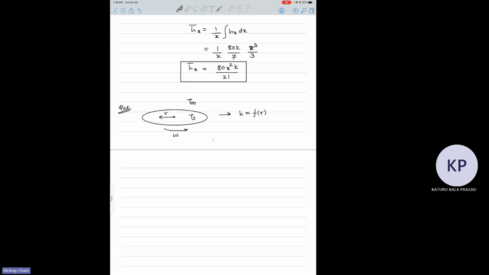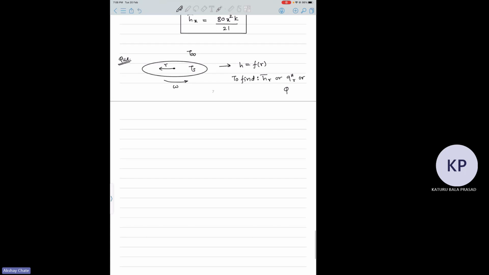And then they will ask you to find the average heat flux at some radial location R, or the flux at location R, or the total heat flux transferring from plate to ambient or ambient to plate, depending on the direction of heat flow.